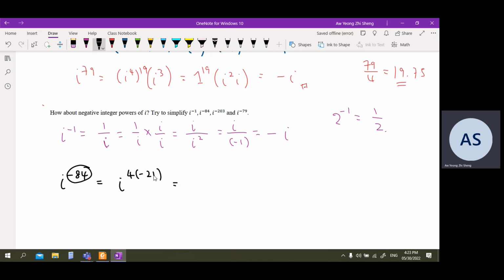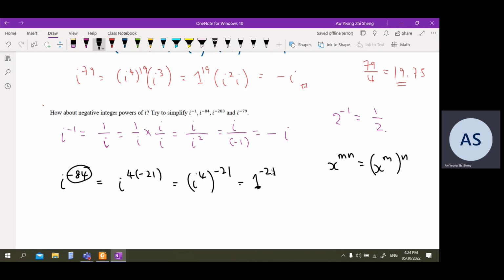Okay, which means I can now write, by law of indices, you know that x to the power of mn is the same as x to the power of m, with a power n at the outside. So here I can write it as i power 4 with the power of negative 21. So it's just 1 to the power of minus 21.